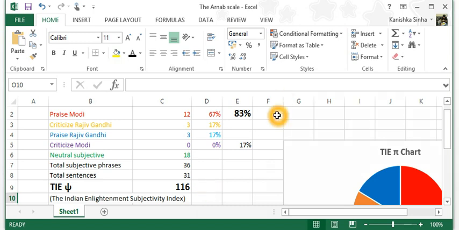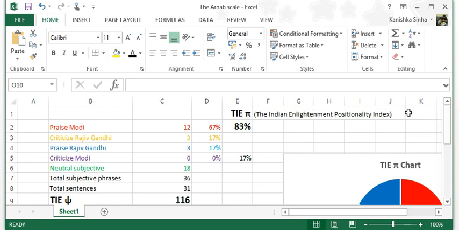The second thing to calculate would be how much of the statements are pro-Modi, anti-Rajiv Gandhi, and how many are pro-Rajiv Gandhi, critical of Modi. And over here we can see 67 plus 17%, 83% are pro-Modi, anti-Rajiv Gandhi, and 17% are pro-Rajiv Gandhi, anti-Modi. And so if we look at the Indian Enlightenment Positionality Index, which we call the TIE Pi, that gives us 83% score.